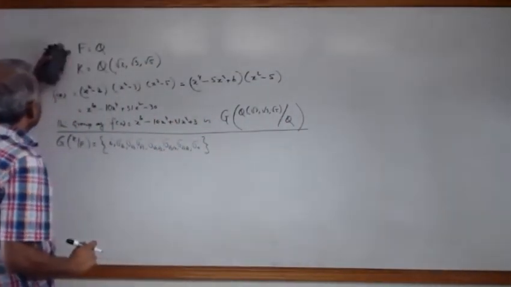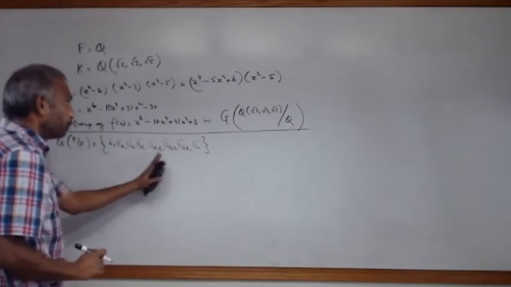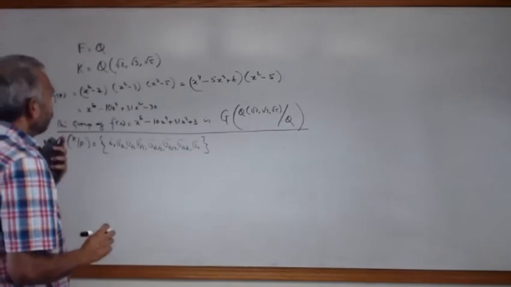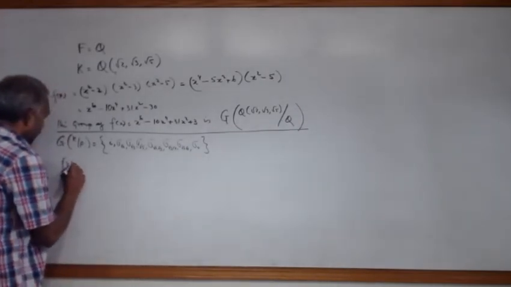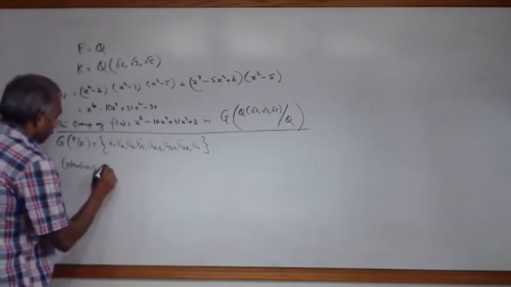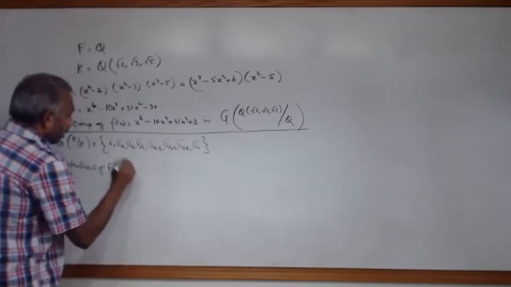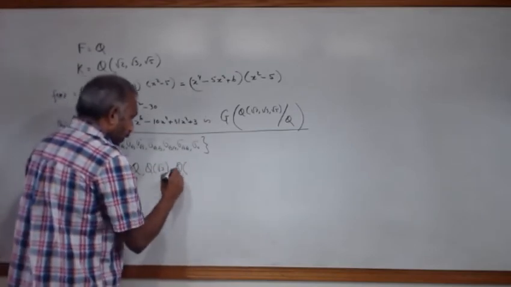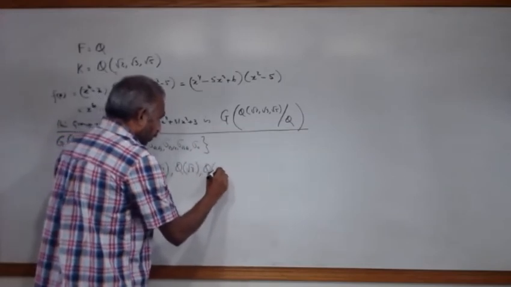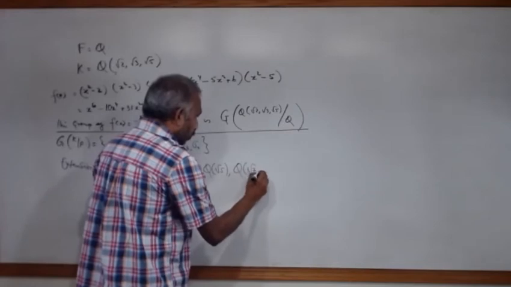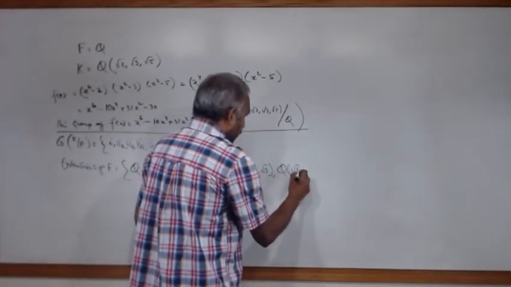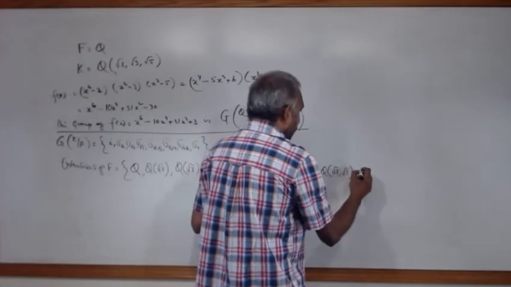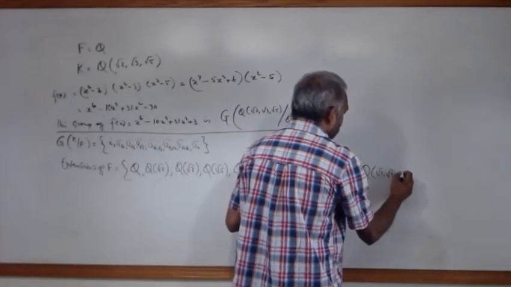we are going to define now corresponding to each of the subgroups of this, we should have a fixed field that is an extension of F. So we will write the extensions of F. One is Q, because that is an extension of itself, then Q of root 2, then Q of root 3, then Q of root 5, then Q of root 2 root 3, then Q of root 3 root 5, then Q of root 5 root 2, then the final Q of root 2 root 3 root 5.